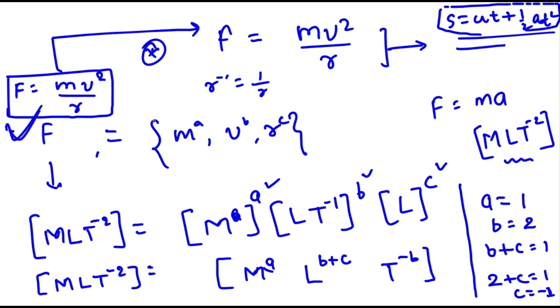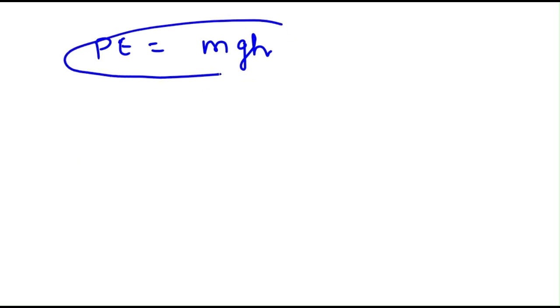So here I am leaving you with homework. We know one thing: potential energy. I guess you have studied these things. mgh. You know about this. Now you have to deduce this result by just using dimensional analysis.